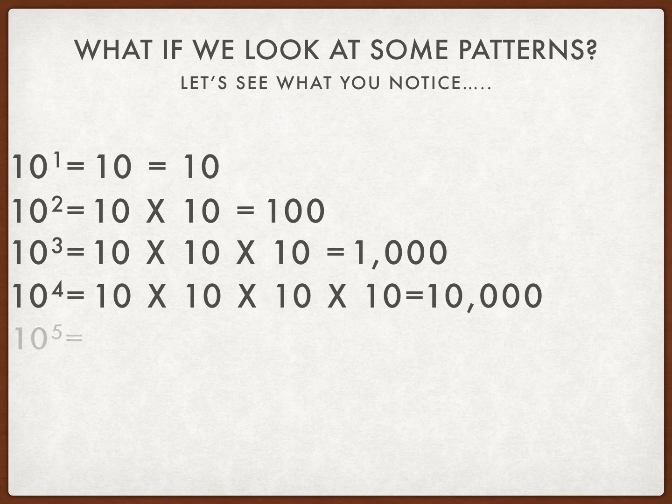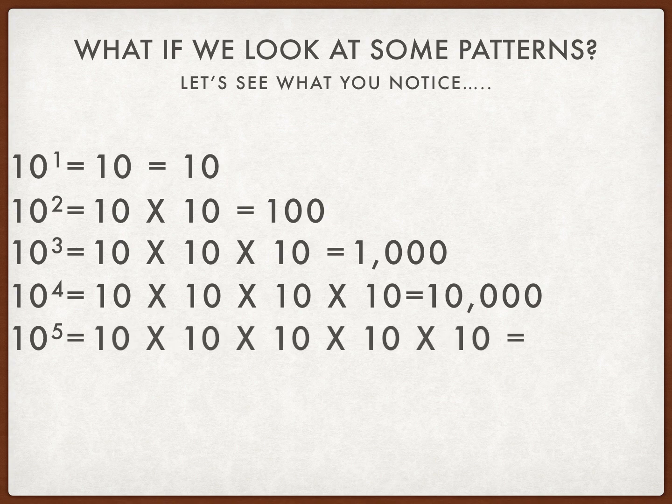And the last one we're going to work on is 10 to the fifth power. 10 again is our base and 5 is our exponent. So what we would do is take that 10 and write it out 5 times. So 10 times 10 times 10 times 10 times 10. And if we type that in the calculator to find standard form, it would give us 100,000.